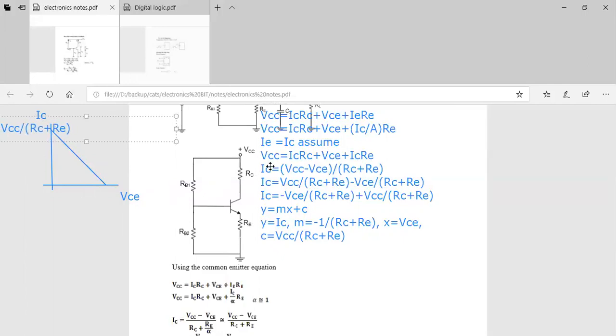Then the VC intercept is when we take IC to be 0. If you take IC to be 0, what do you get? The whole of this should be equal to the whole of this.